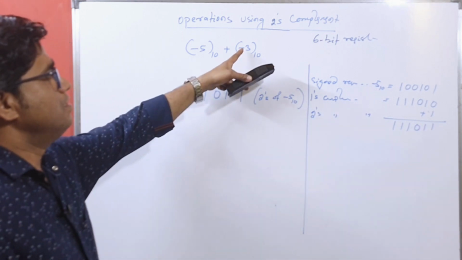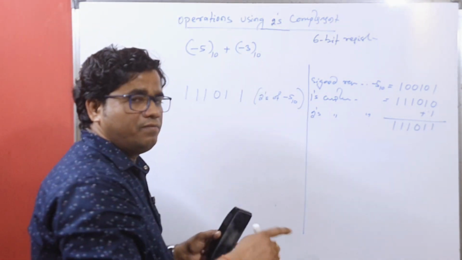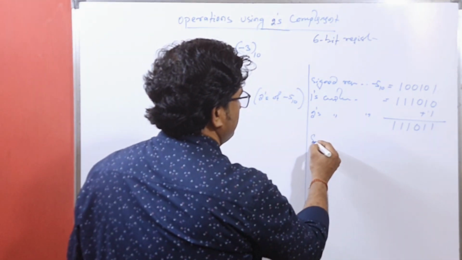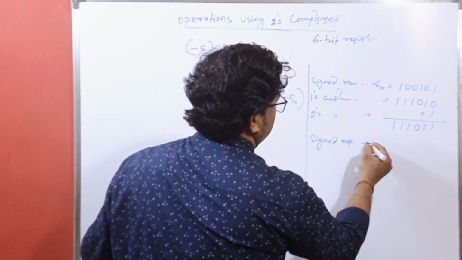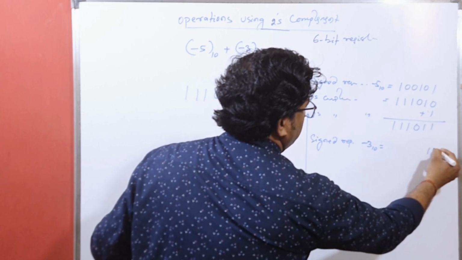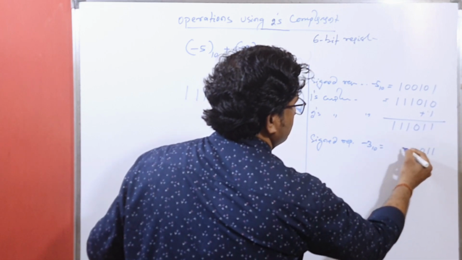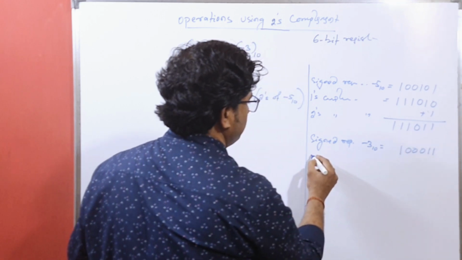Now as 3 is a negative number, you find out the 2's complement of 3 also. So first you find out the signed representation of minus 3 base 10. The binary equivalent is 1 1, then 1 0 0 0 1 1. This is the sign bit, right?